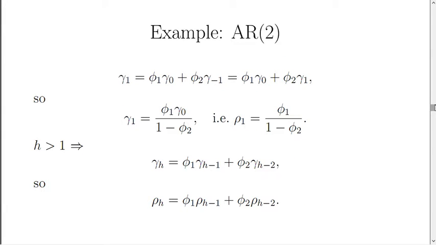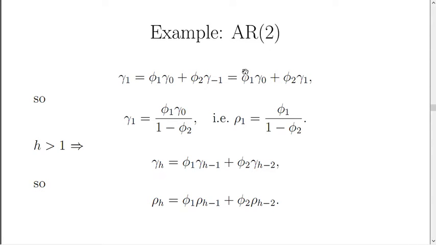An example of applying this is to, let's say, take an AR2 process. We could say that the autocovariance at lag 1 is phi1 times the autocovariance at lag 0 plus phi2 times the autocovariance at lag negative 1. Now, the autocovariance at lag negative 1 is the same as the autocovariance at lag 1, so I can substitute that to get this form.